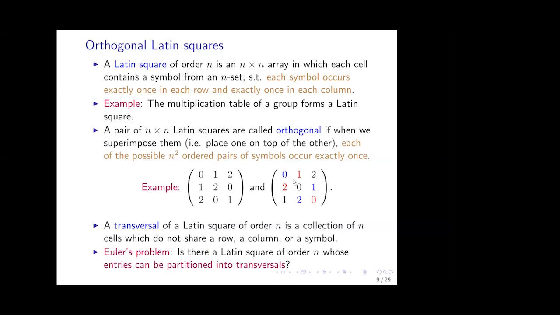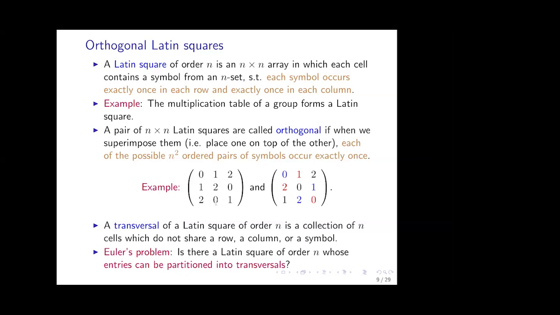So Euler in the 18th century asked, is there a Latin square of order n whose entries can be partitioned into transversals? Actually, Euler's problem is equivalent to asking for the existence of a pair of orthogonal Latin squares. In our above example, in the right Latin square, for the three blue elements 0, 1, 2, we observe their corresponding elements in the left Latin square.